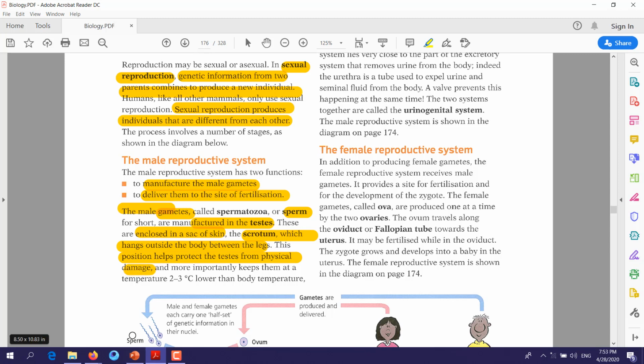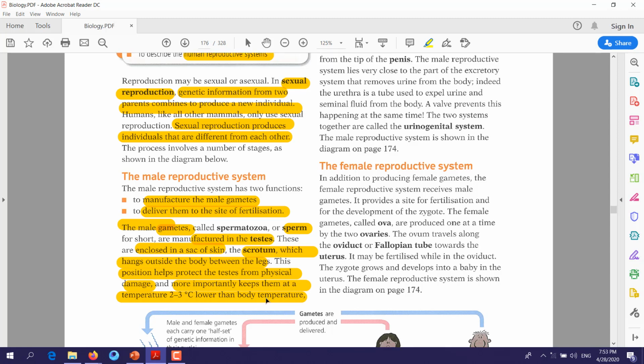And the most important thing is that because they are outside the body, they are surrounded by a temperature which is, for example, 2 or 3 Celsius less than the body temperature. More importantly, it keeps them at a temperature 2 to 3 Celsius lower than body temperature.